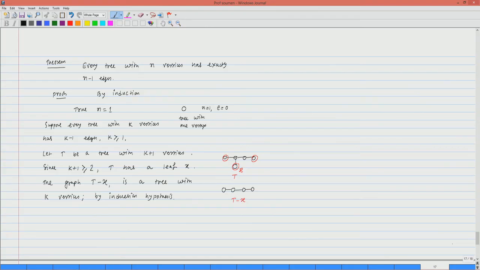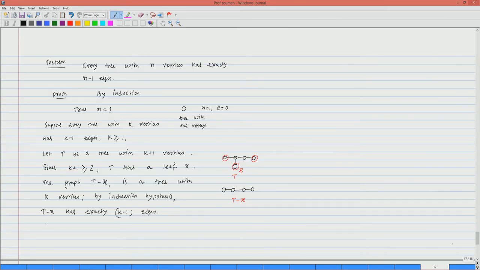So, by the induction hypothesis, T minus x has exactly k minus 1 edges, because T minus x is a tree with k vertices.